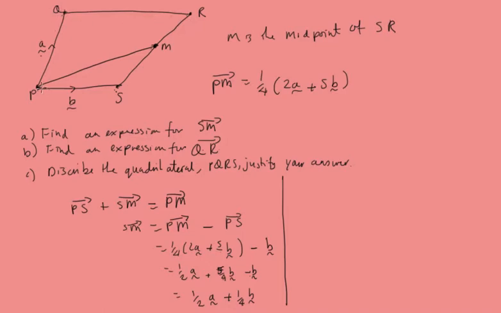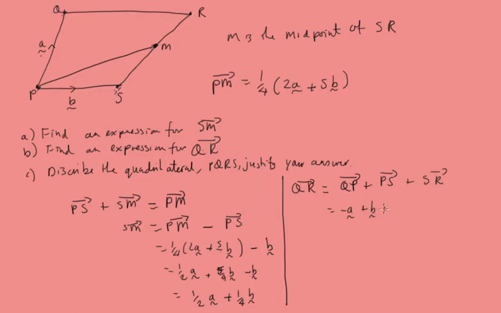So you just follow the route from Q to R. So QR must be the same as QP plus PS plus SR. Now QP is the opposite of A, so it is minus A. PS is just B. And SR is twice, remember this is the midpoint, we know what SM is, but this is the midpoint, so SR must be twice SM.